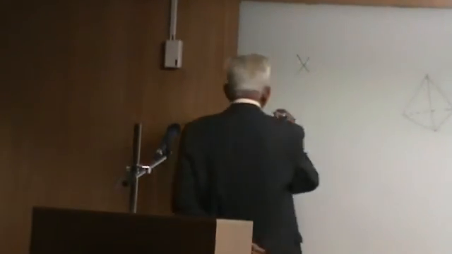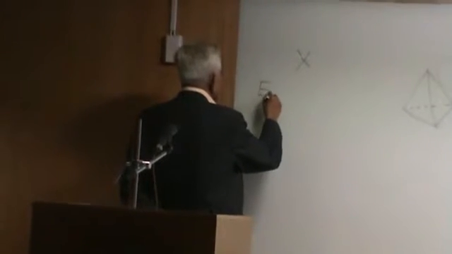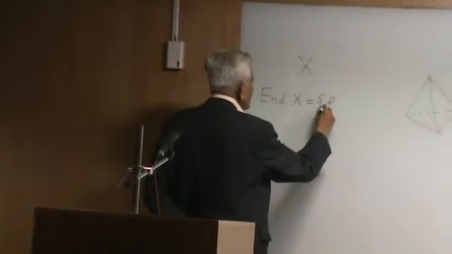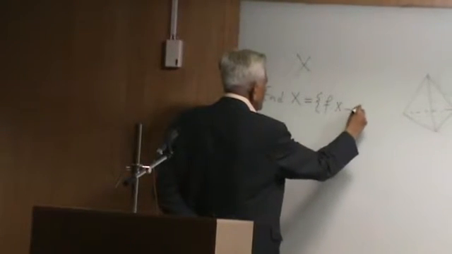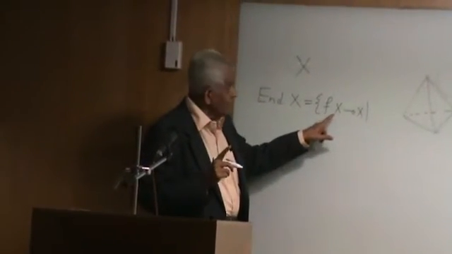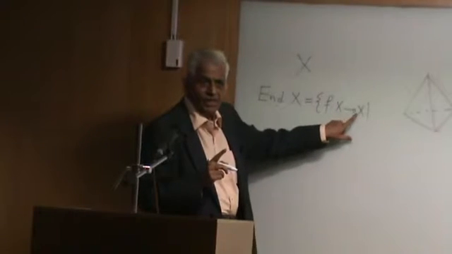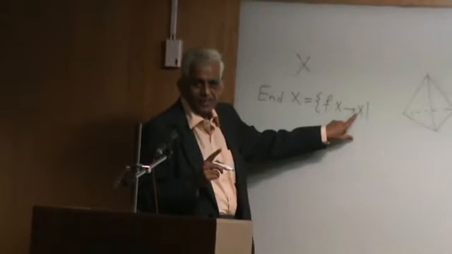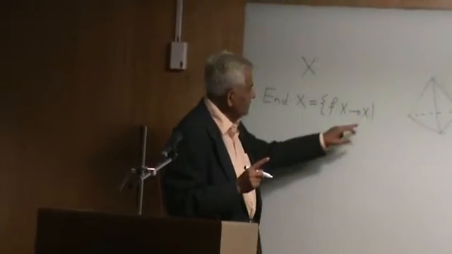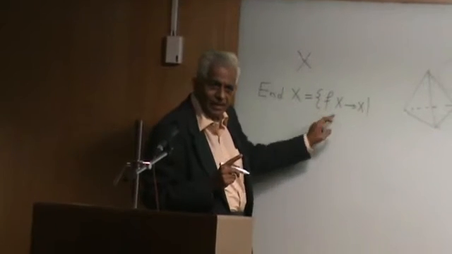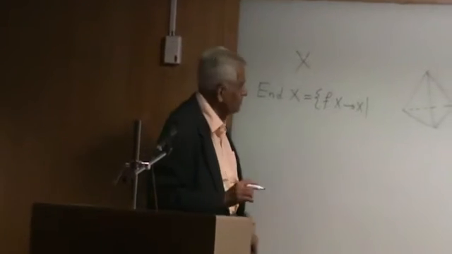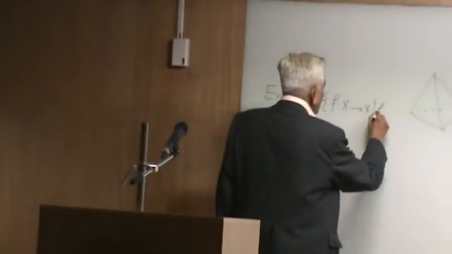So one is End X. These are all functions from X to X. Function is a technical word. Given a point in a domain, there is one and only one point in the range. Two points in the domain can go to the same point. Not every point in the range may be an image of a point in the domain. So that is what function means. And f is a function.